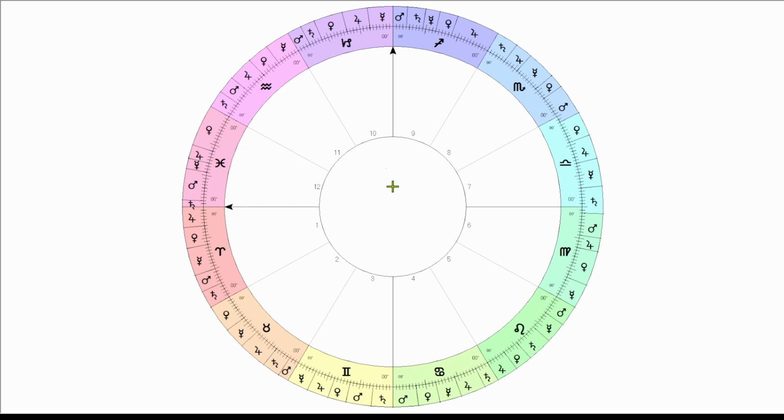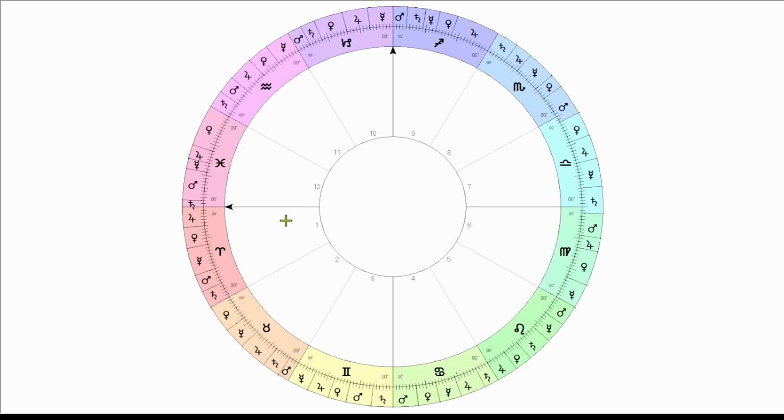Now, how that plays out, whether it's kind of good or bad, is going to depend on the planetary ruler for that sign and the condition it's in. But without knowing any of that, you can start to say, okay, well, this person in general, in the major areas of their life, is going to show that cardinal characteristic.